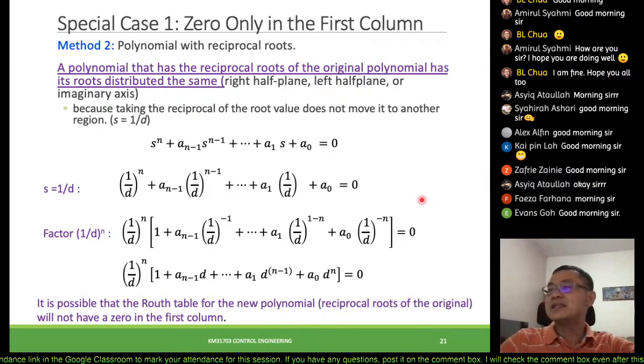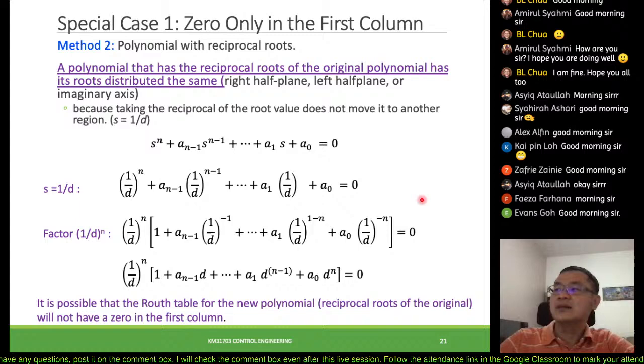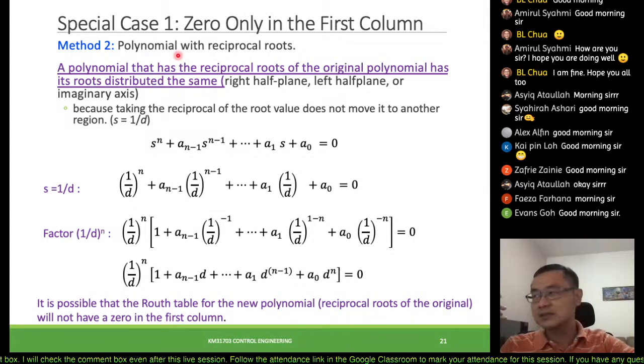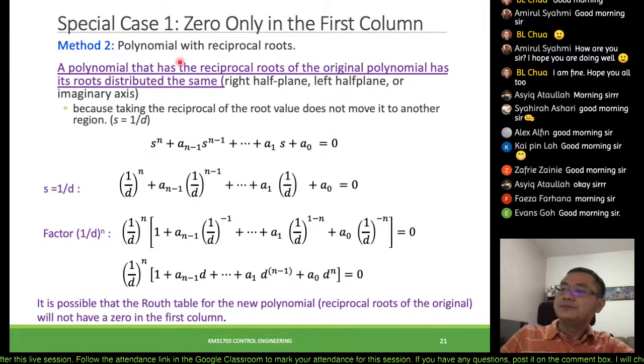A second method to deal with a zero only in the first column is a method called polynomial with reciprocal roots. What it means is that reciprocal is 1 over something, right?